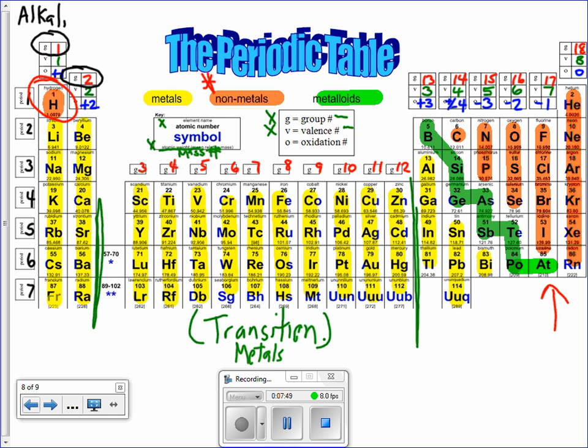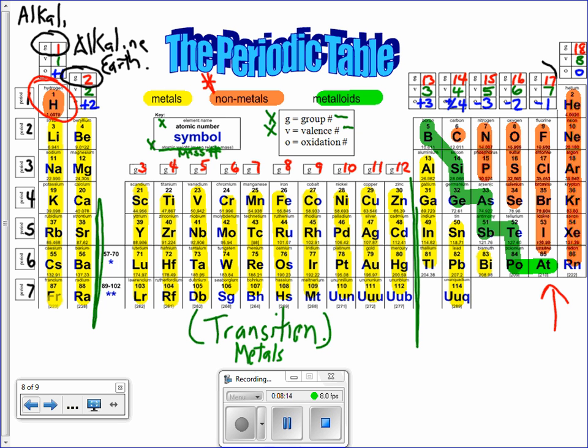Grouping 2 is the alkaline earth metals. Okay, they're harder, denser, and that is their designation for grouping or family 2. And I will pause a second so that you can fill that in.